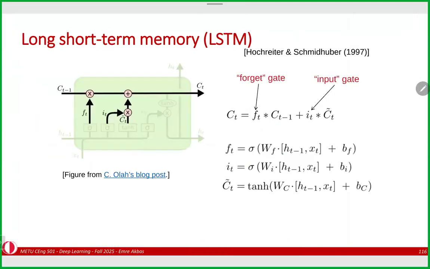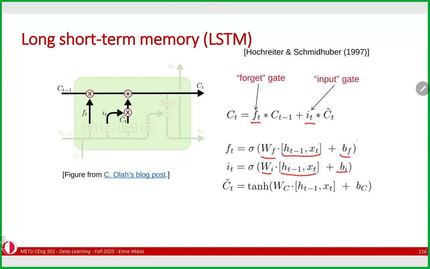There is a forget gate, f_t, and an input gate, i_t. The forget gate is a function of the current input and the previous hidden state. Similarly, the input gate is also a function of the current input and the previous hidden state. They have their own learnable parameters, and these are also parameters, the biases.